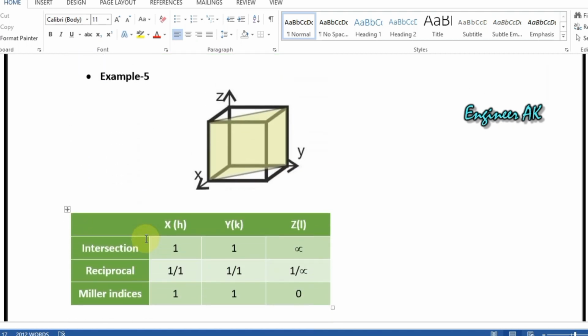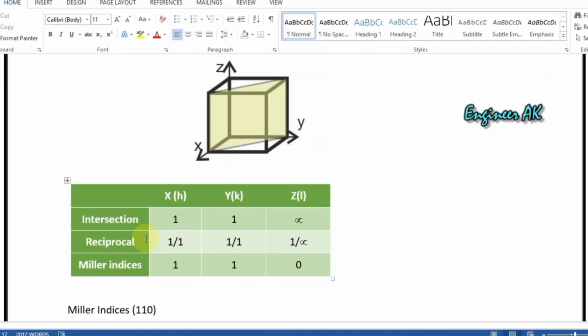Now taking example 5. Now again you have to take origin. At the x-axis it is cutting at 1, right? Here you can see the plane is cutting. And if I move in the y-axis, again it is cutting this plane, that is at the diagonals, again cutting at 1.